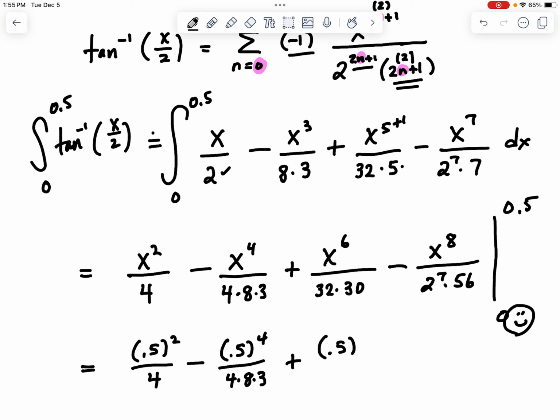And then 0.5 to the 6th over 32 times 30, and then 0.5 to the 8th over 2 to the 7 times 56. And then what does all of that equal? So calculating this quickly in my head, just kidding, I have to write it down before I go to the calculator.